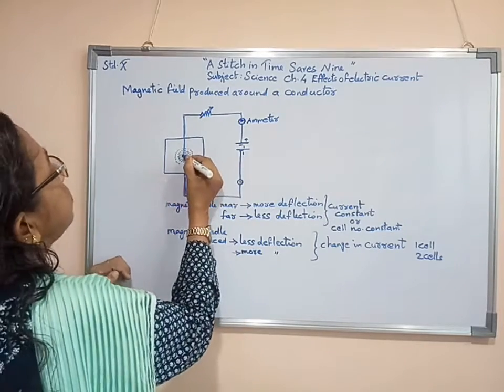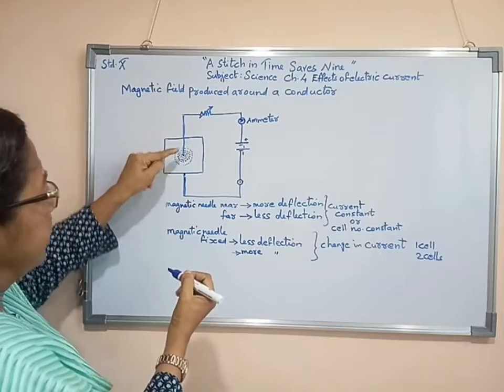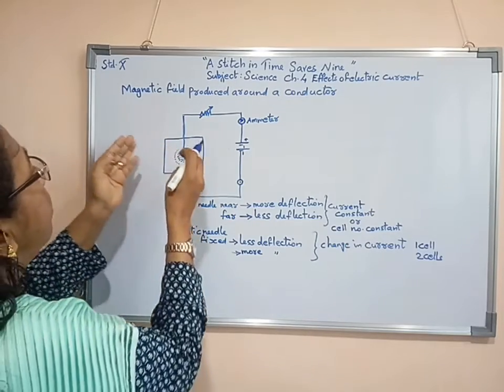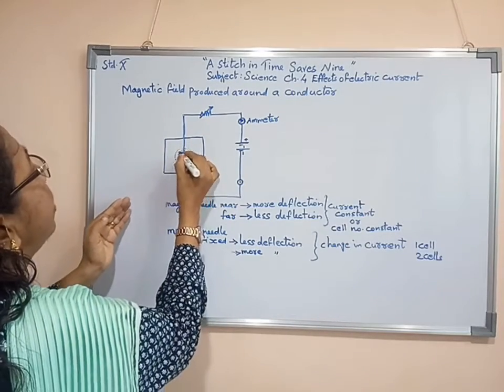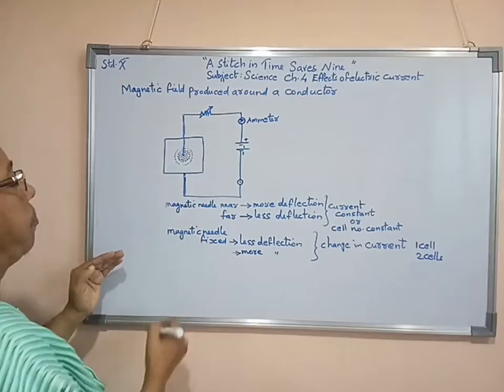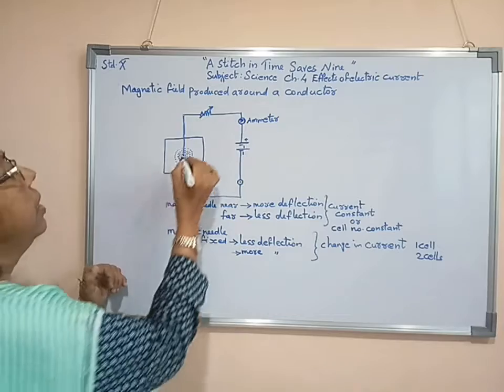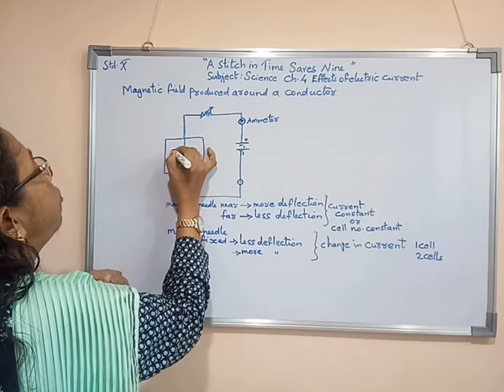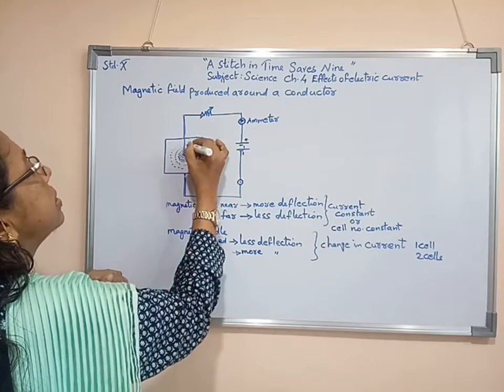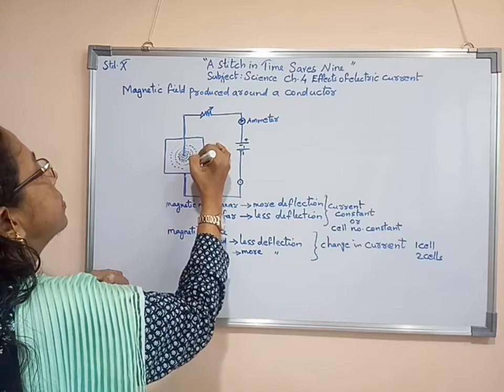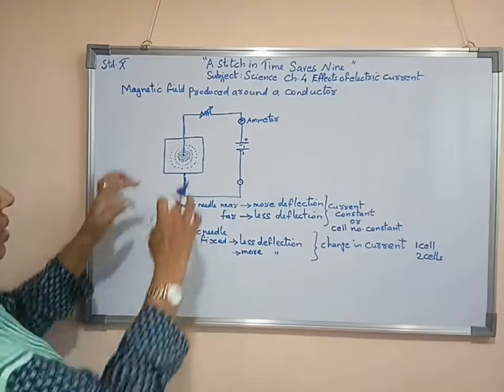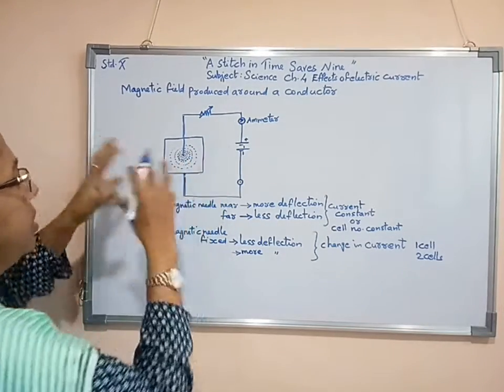These iron filings formed concentric circles, but you can find that they are very close circles. But at the same time, the iron filings which are far from it form big circles, like that. That means the gap between them is very large.